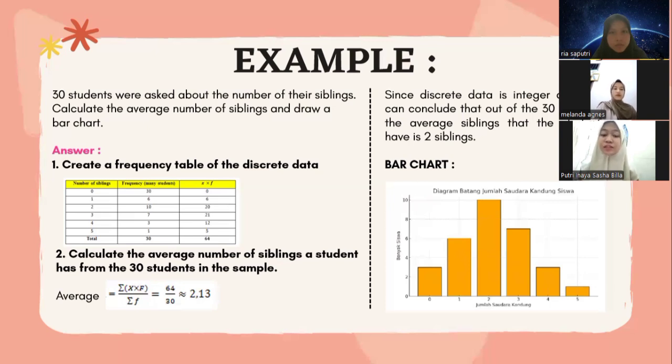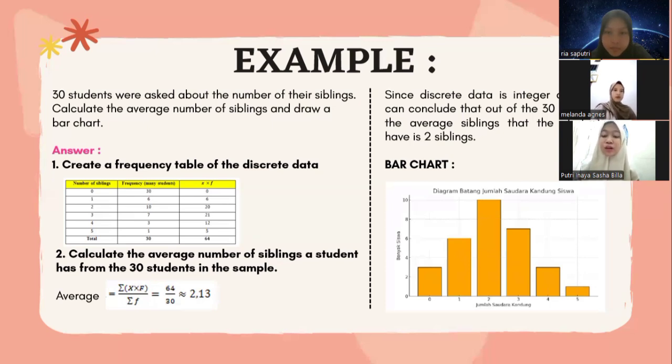Of the 30 students, there are 0 students who do not have siblings. So the total is 0. Furthermore, there are 6 students who have 1 sibling and so on. By adding the first column times the second column, we know there are 64 siblings total.